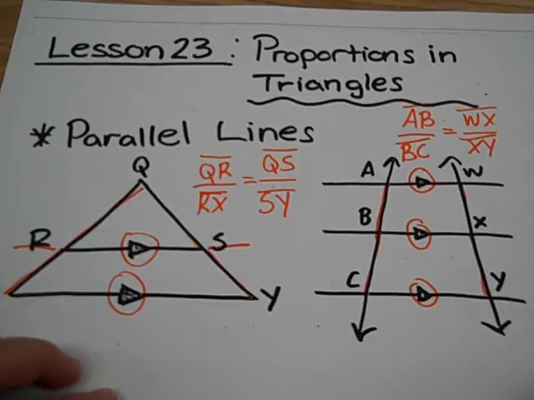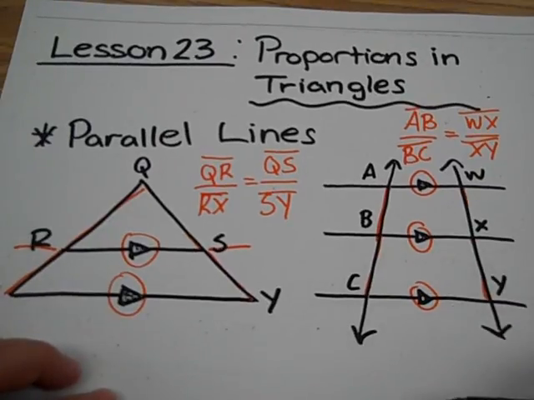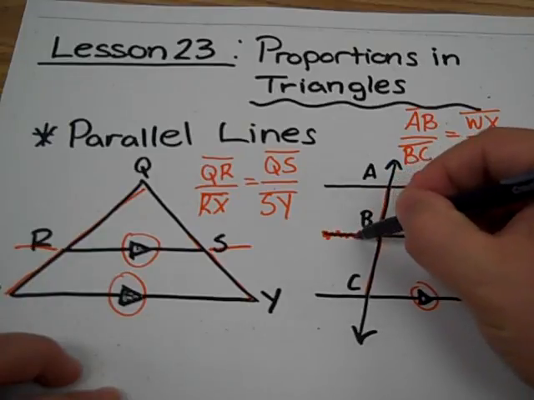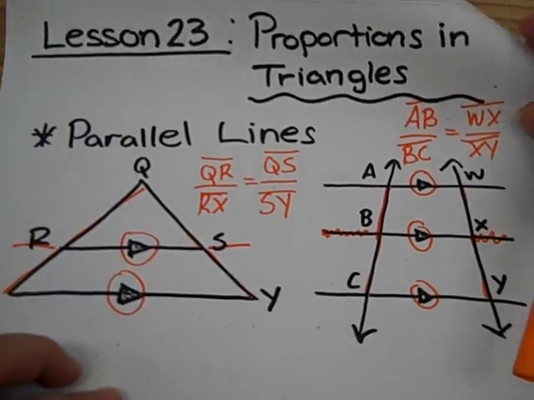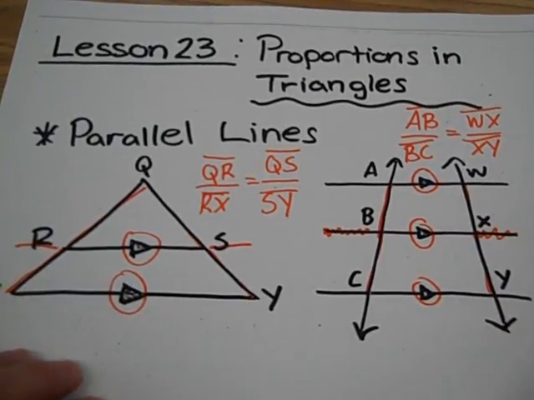And if I have more and more parallel lines, I can write more and more proportions in the same way. And again, these pieces here sort of create fraction bars, and when we have values placed, we can see the fractions. It'll be easier to see when I give you an example.